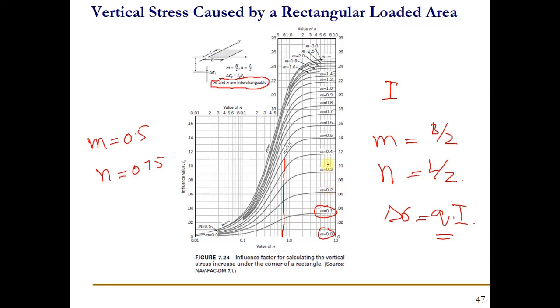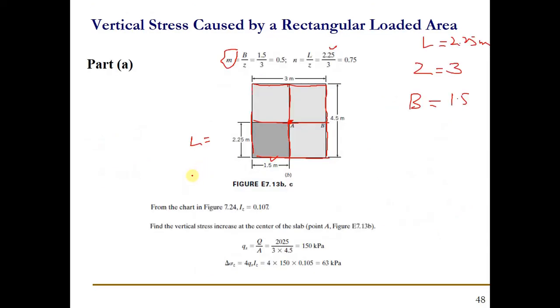Those curves are there, 0.2 3 4 and 5, so it's close to 0.11 in my case.